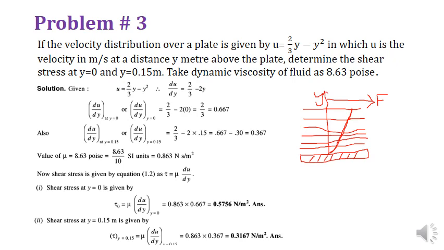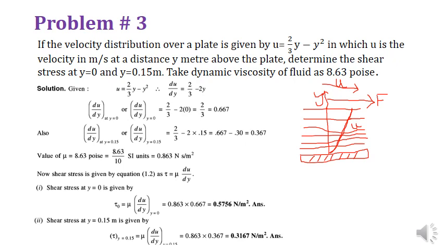So if the y distance is there, between the layers, meaning the total distance, with respect to the increase in y, you are going to have a different variation of u. So along the horizontal axis, the variation of the velocity u is measured, and along the vertical axis, the variation with respect to the distance between the layers, meaning from the plate of the fluid.